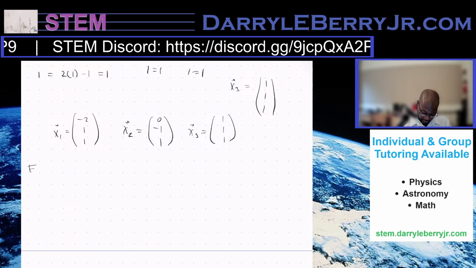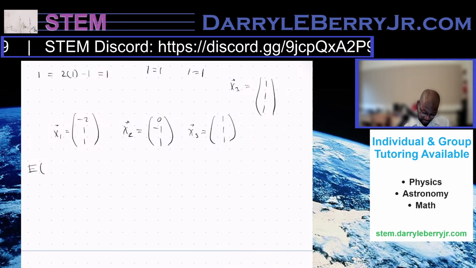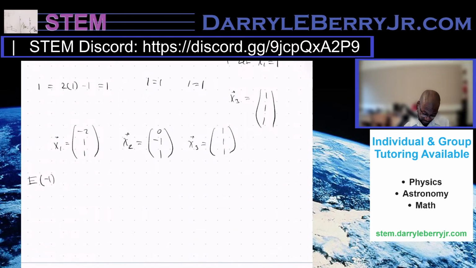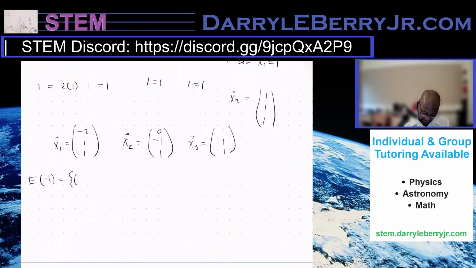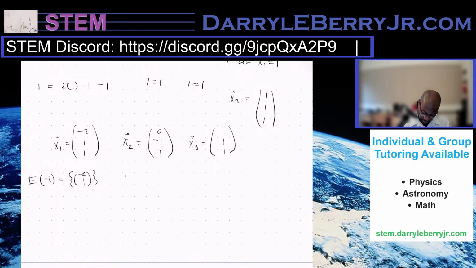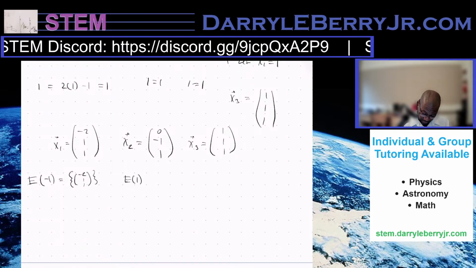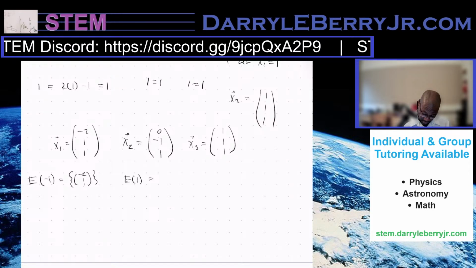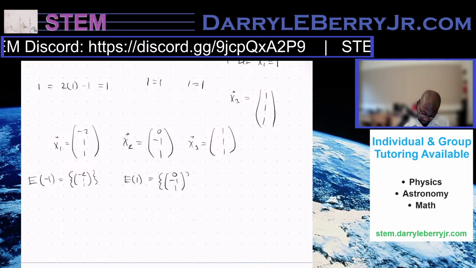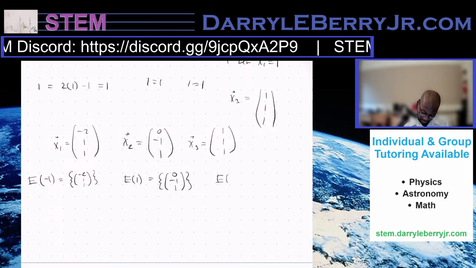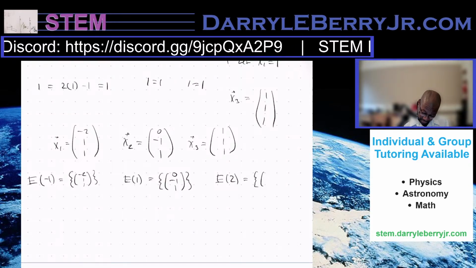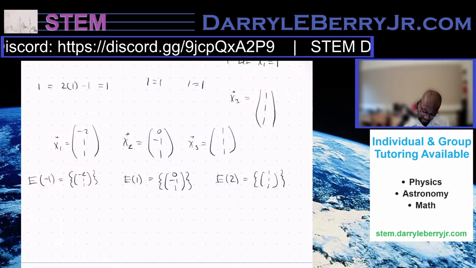And the eigenspaces, E negative 1 is spanned by this vector, E1 is spanned by this vector, and E2 is spanned by this vector.